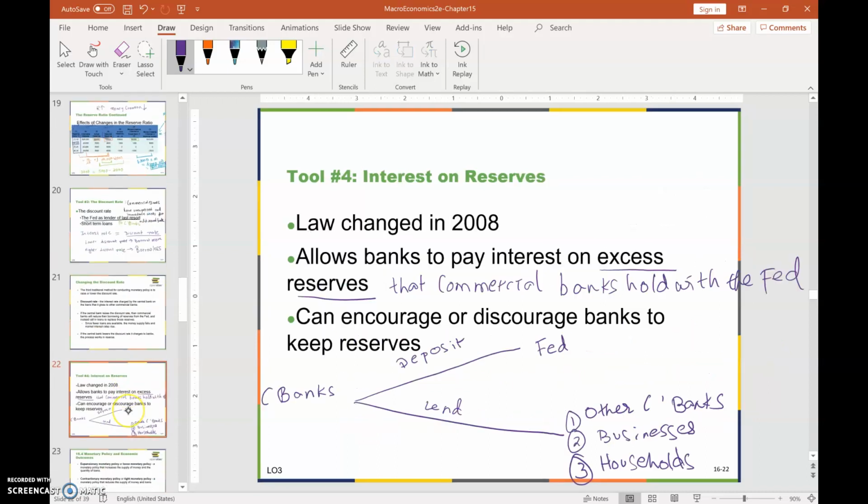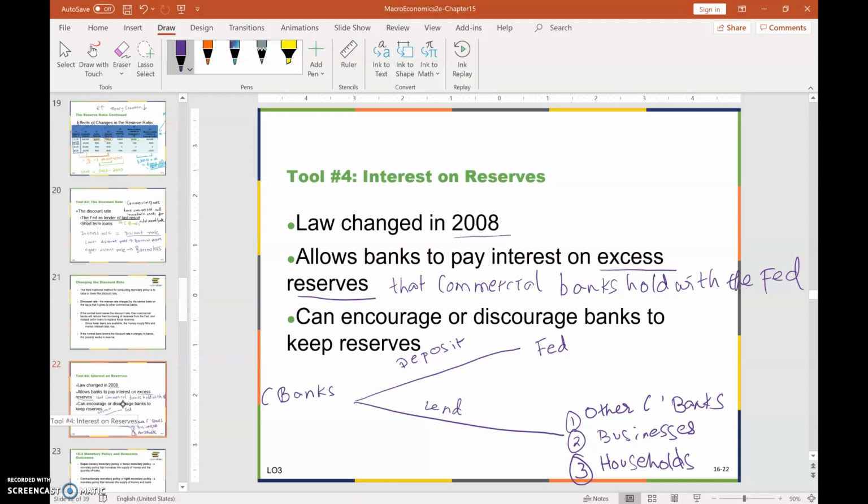Now I'm going to look at another tool of monetary policy, which is interest on reserves, and this law started in 2008, where the Federal Reserve Banks can pay interest to commercial banks on excess reserves. Let's look at the two options of the commercial banks.